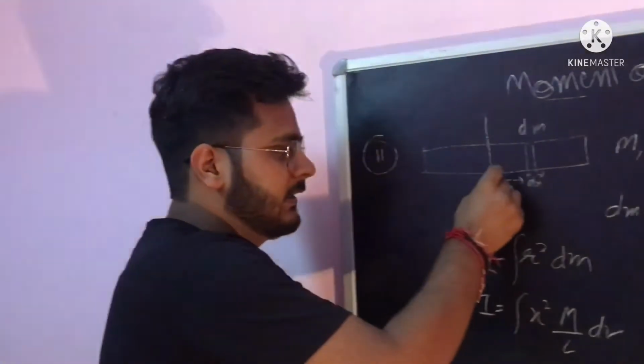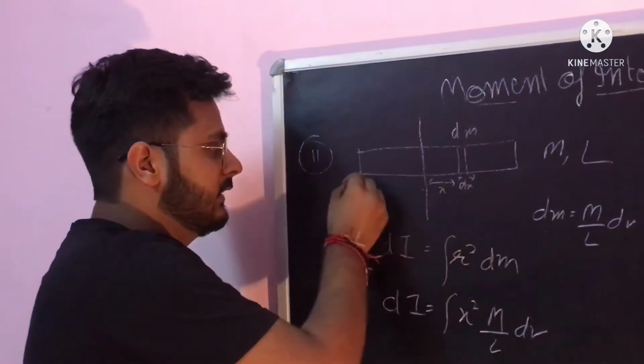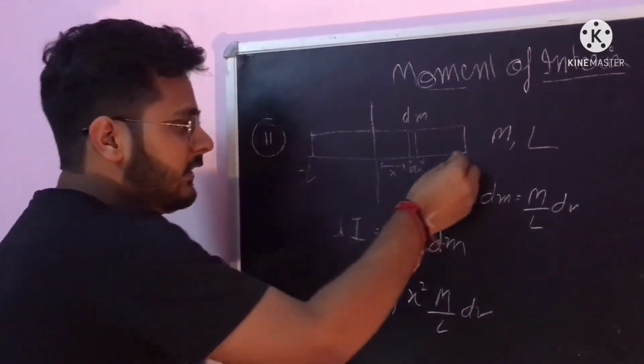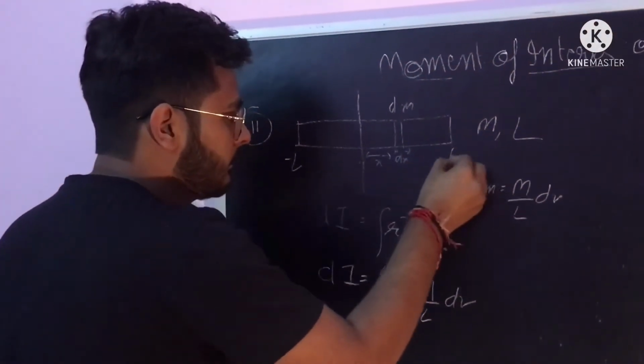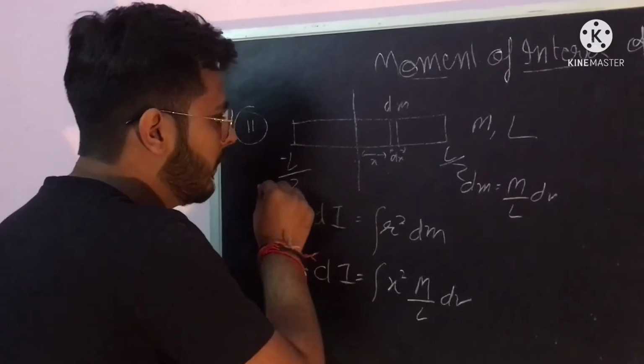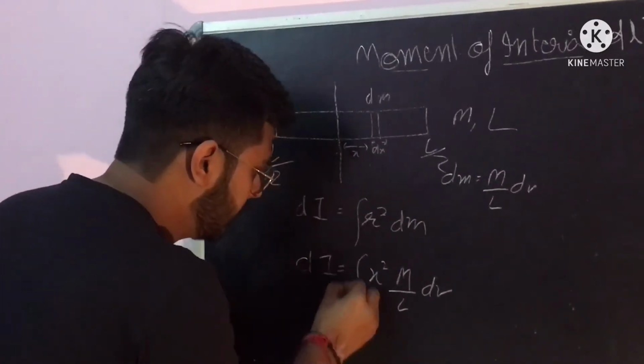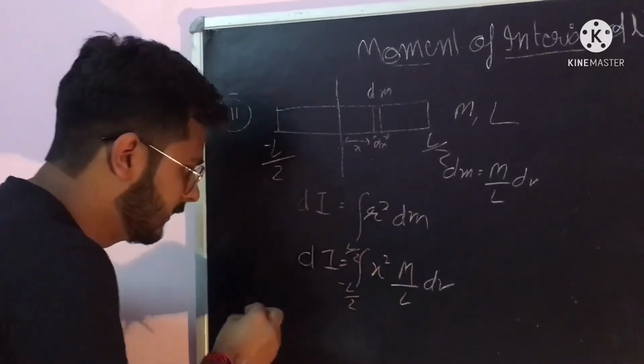Now we are taking distance from here, so this distance will be minus L by 2 as it is on the opposite side of the axis, and this will be positive L by 2. Now integrate it from minus L by 2 to L by 2 to get the final answer.